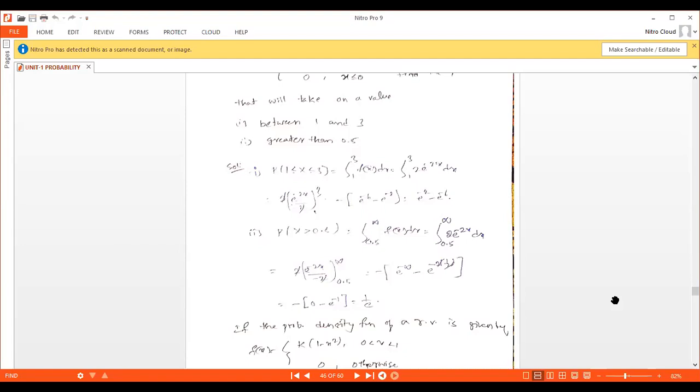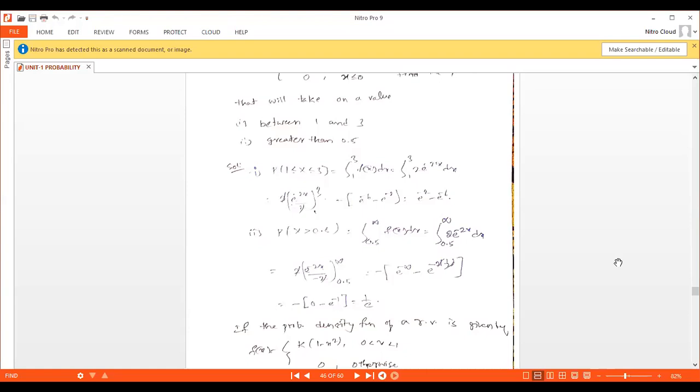After integration, substitute upper limit and lower limit. So your value is e power minus 2 minus e power minus 6.